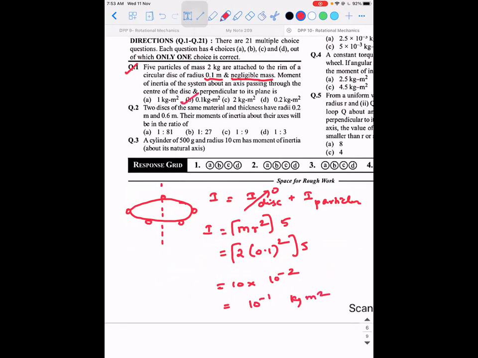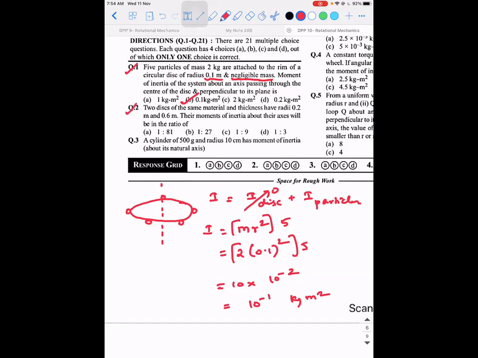Answer will be 0.1 kilogram meter square. Am I clear, guys?